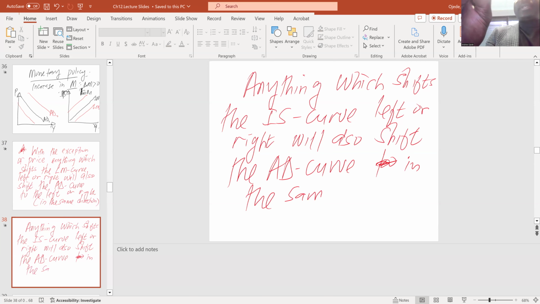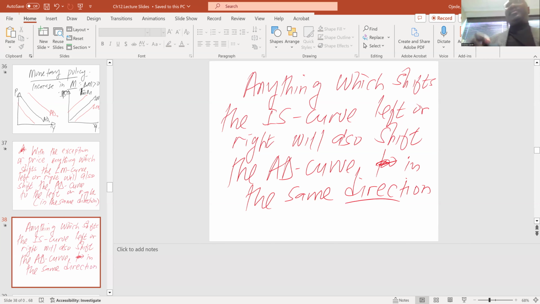For example, an increase in government spending that I talked about will shift both the IS and the aggregate demand curve to the right. A decrease in government spending, contractionary fiscal policy, will shift both curves to the left, both the AD and the IS curve to the left. Okay.